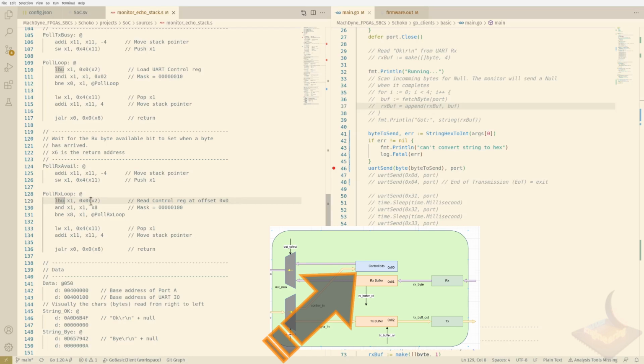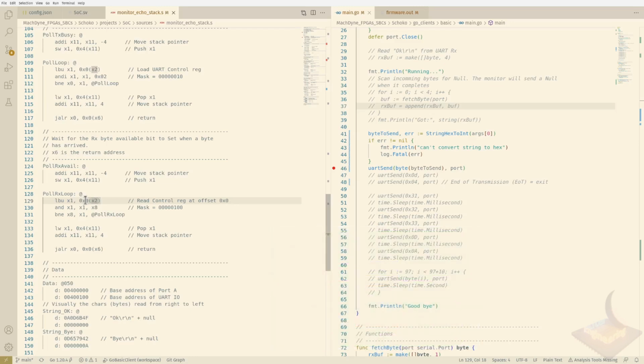Here we're loading a byte; X2 points to the base, and the control register is at address 0 within that component. Then we AND it with a mask because we know that the bit that we're looking for is the bit that indicates a byte has been received. And we go around in circles, and then finally we pop X1 back off because we're destroying it here. We want to save it here and then restore it right here, and then we return.